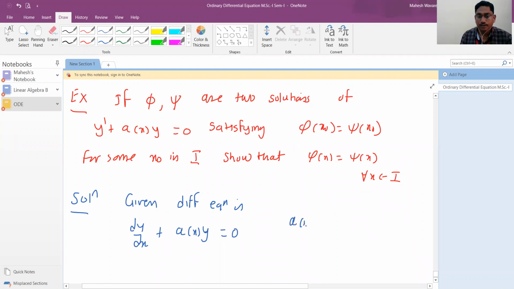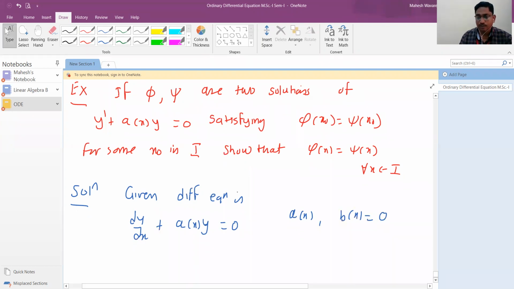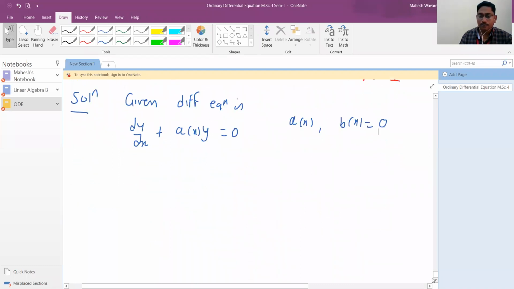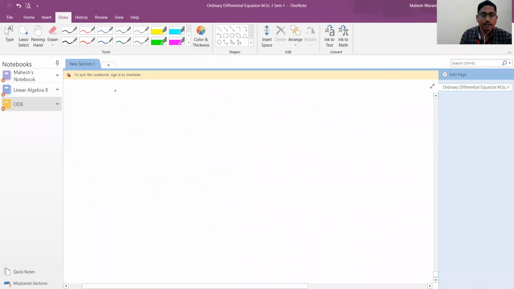Here a of x is given and b of x is 0. It is a homogeneous differential equation. And suppose that there exists some function capital A of x whose derivative is a of x. So that means your integrating factor is e to the power A of x. So you just multiply this to both sides.